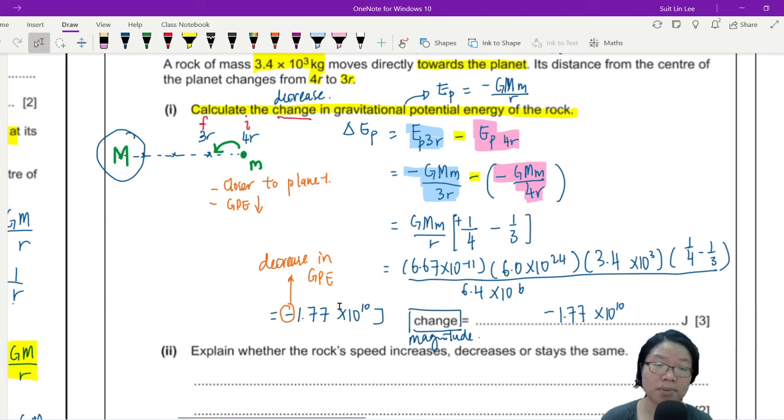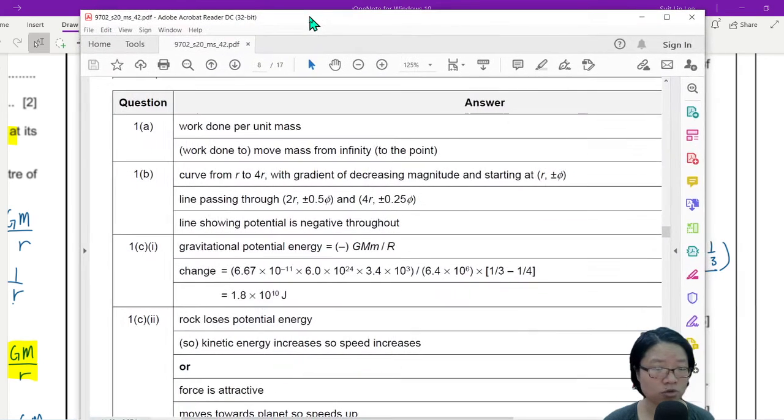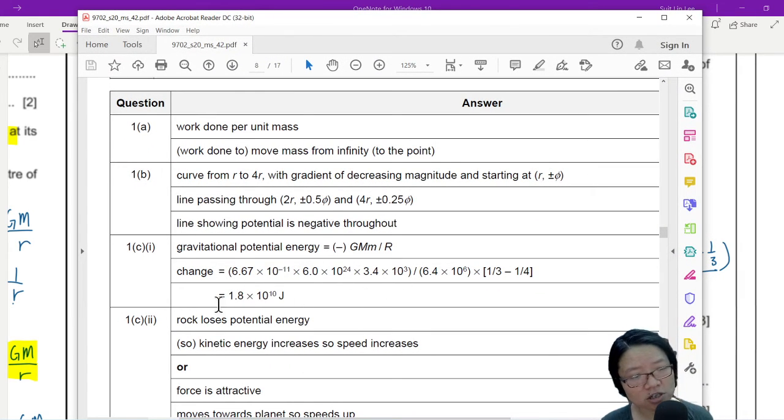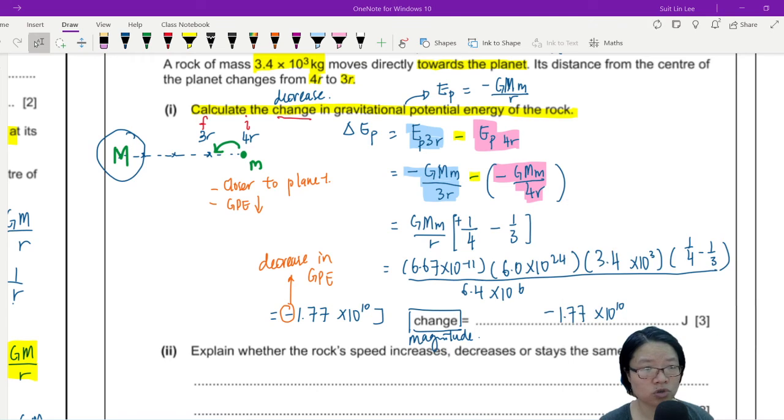So whenever you look at the mark scheme and you feel that you should write a negative, just try to examine whether the negative is necessary or not. So for example, in this case, if it's a change, now I'm going to be transparent to you and I'll show you the mark scheme now. They did not specify that you need to put negative here. So you can take the bigger potential energy, which is the one at 4R, minus the smaller one.